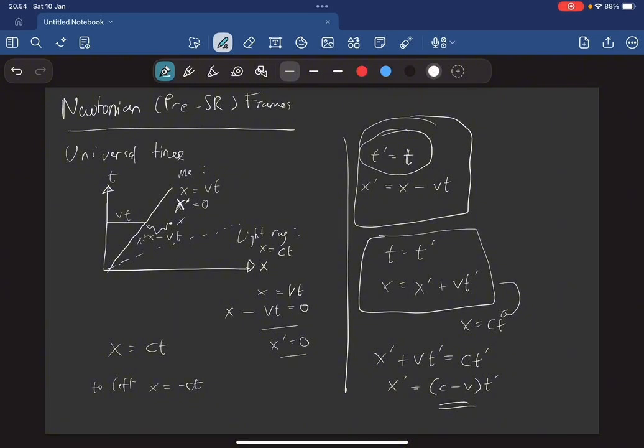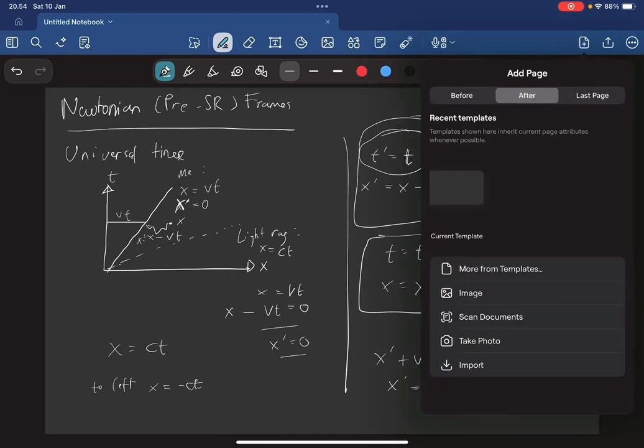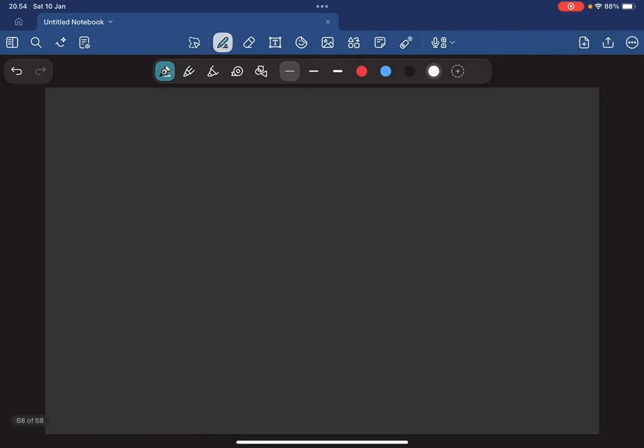Before moving on, let's see what would happen to a light ray moving to the left. In your frame, such a light ray would have this equation, moving to the left. It's easy to see that in my frame, the Newtonian rules would give the following.